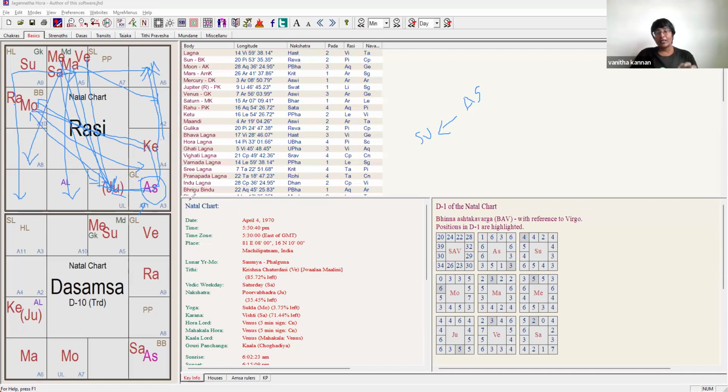It's in the second house. Later we'll see what retrograde planets in the second house will do. But our current intention was simple: is any graha aspecting the Lagna or not, because the ascendant didn't have any graha. We found one thing, that is the Sun.